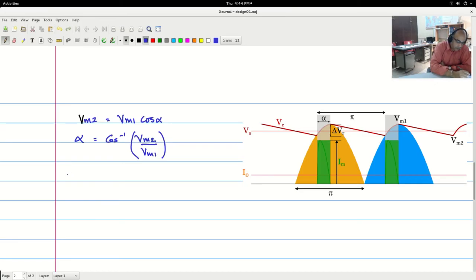Vm1 is known, which is Vrms value into root 2. Vm2 is known from the spec, which is Vm1 minus delta Vr. All these are coming from the input spec.